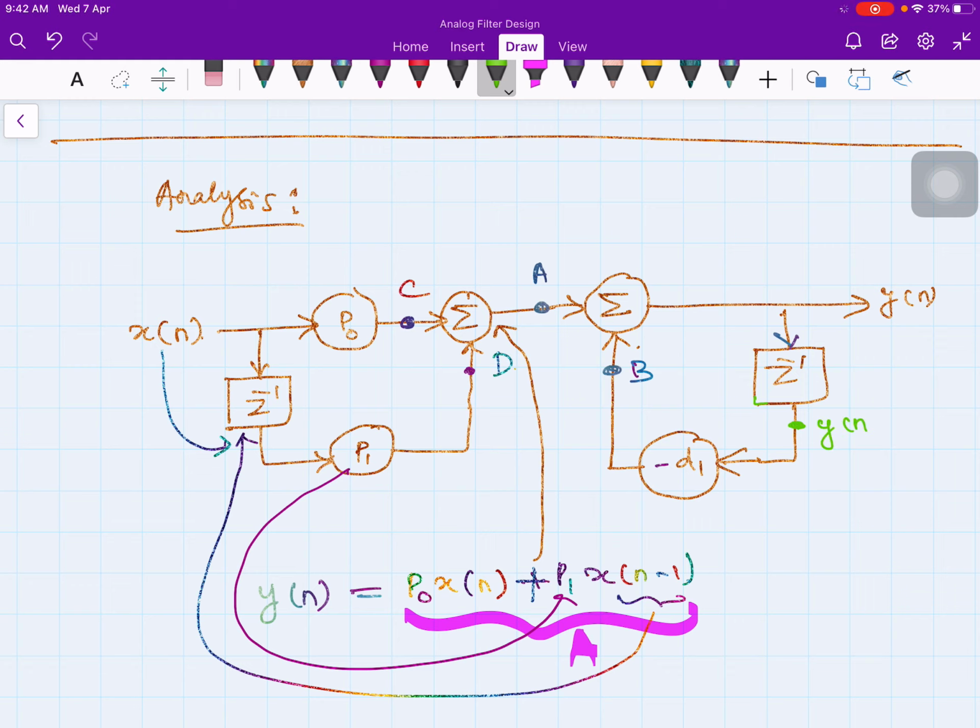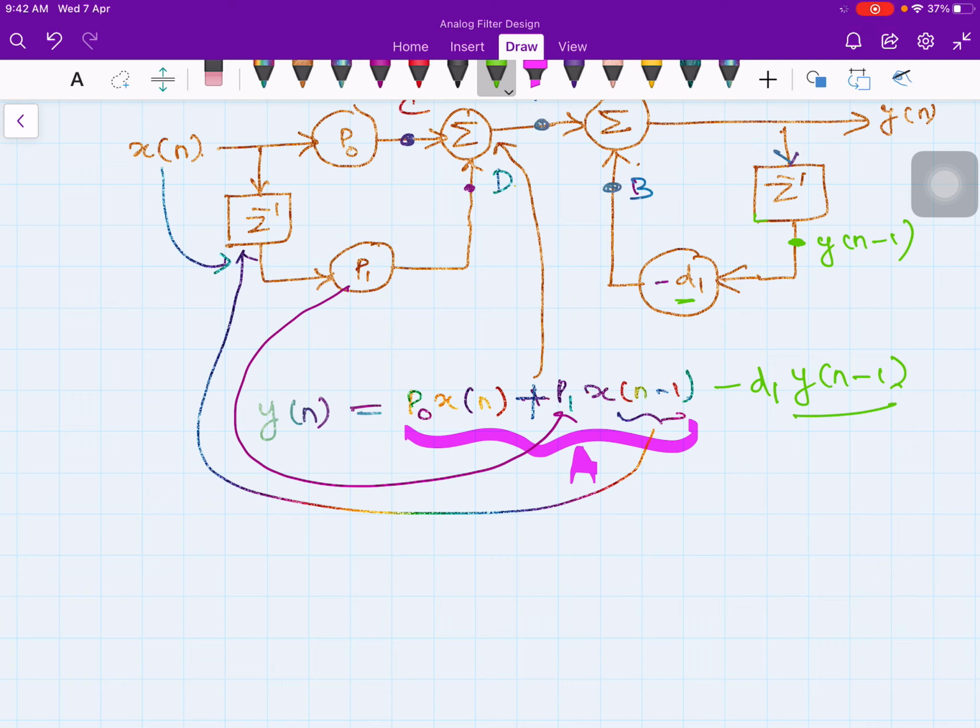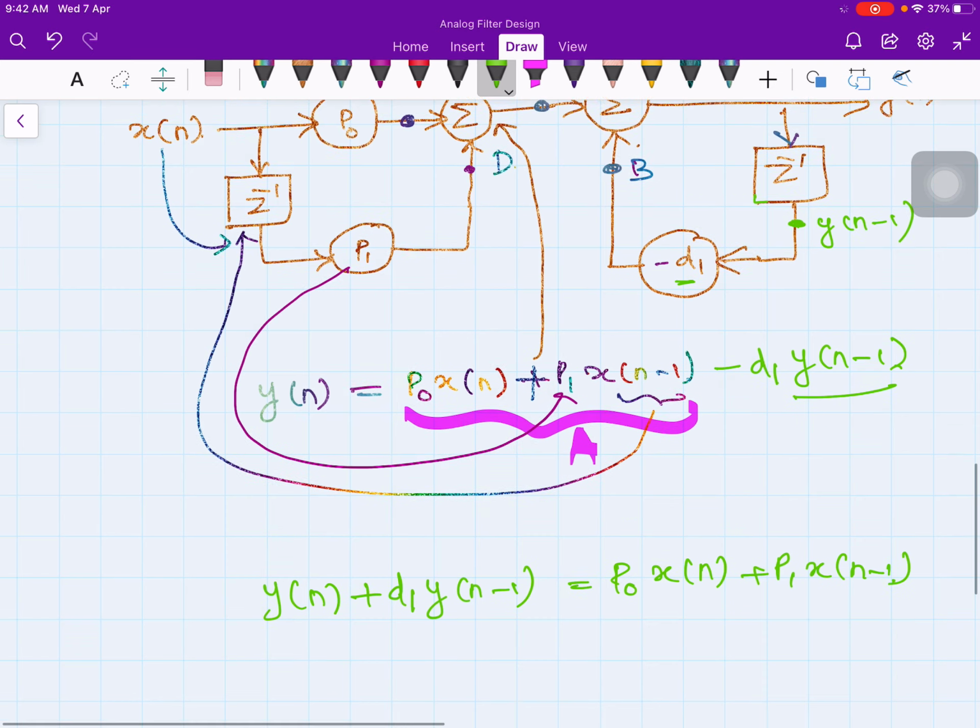So it is a recursive structure because it requires a feedback y of n minus 1, the previous output, and therefore I get y of n plus d1 y of n minus 1 is equal to p0 x of n plus p1 x of n minus 1.